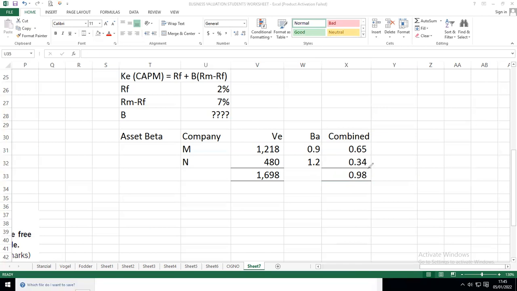Why can't we take this one, put it here, and use it? Is it because we're using the free cash flow to firm? So it has to be geared. Okay. Another reason?